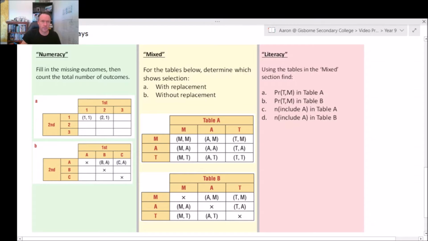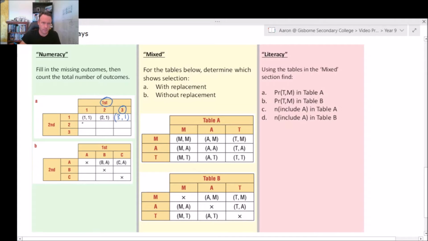Alrighty, so fill in the missing outcomes, then count the total number of outcomes for this first one. The first one, we can get a 1 and a 1, a 2 and a 1, and a 3 and a 1. It's important that this number here is first, because that was the first trial.